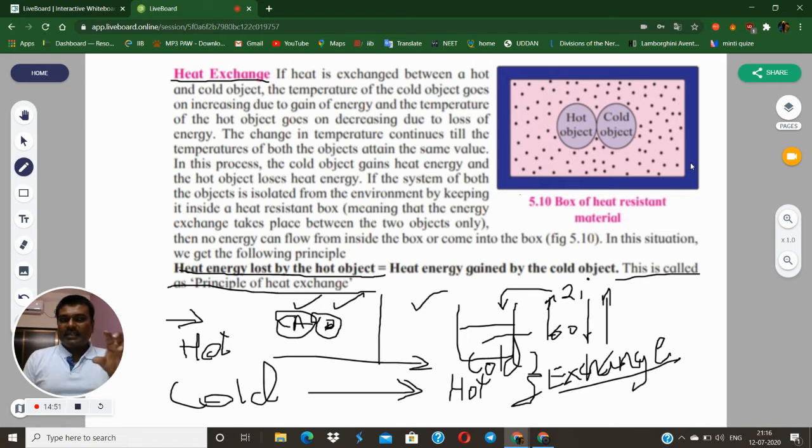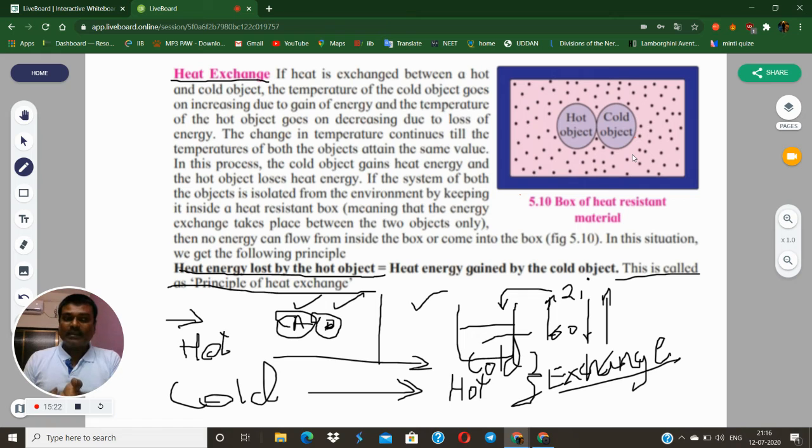It is totally closed, so it does not allow the surrounding heat energy in, and it does not release the inner heat energy to the surroundings or outside. Such a heat resistor container we have selected for this experiment, and we have put both objects in it.